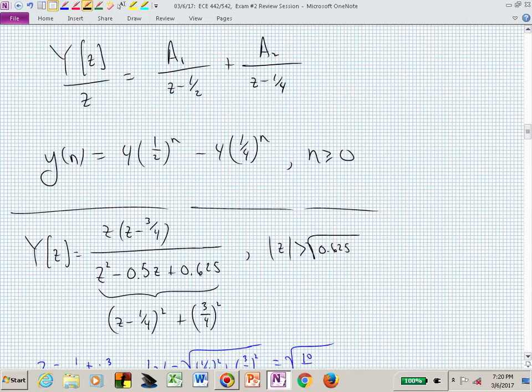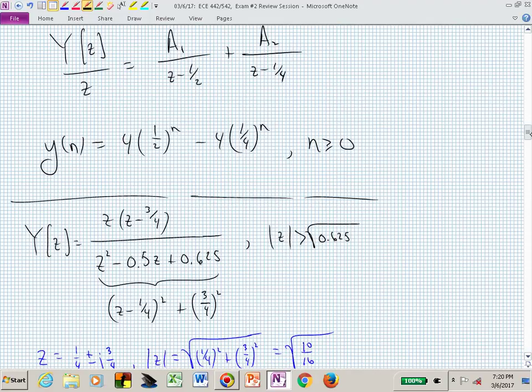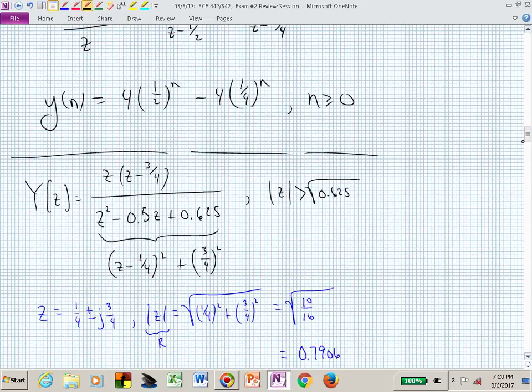But from those exponentially damped sines and cosines, I want you to tell me what is the contraction or expansion, what's the r, what's the radius of that pole, and what's the angle of the cosine and sine to give me the frequency behavior in the sine and cosine, or how it's oscillating. And you can find that from these complex poles being at 1/4 plus and minus j 3/4.